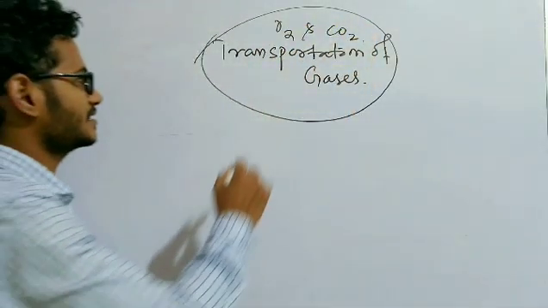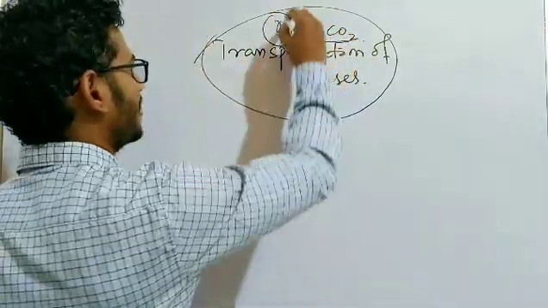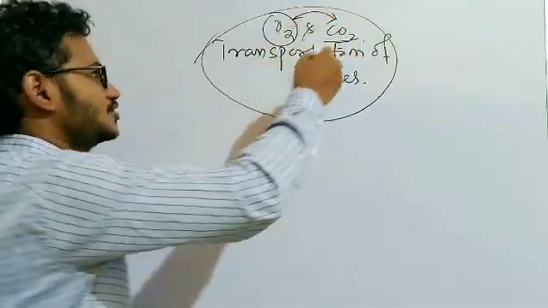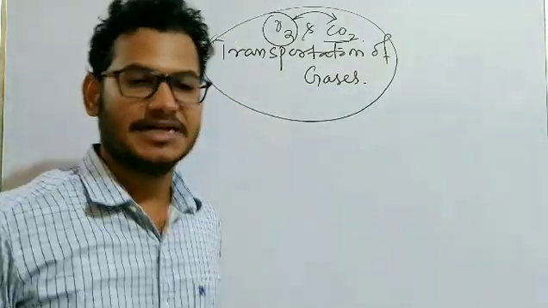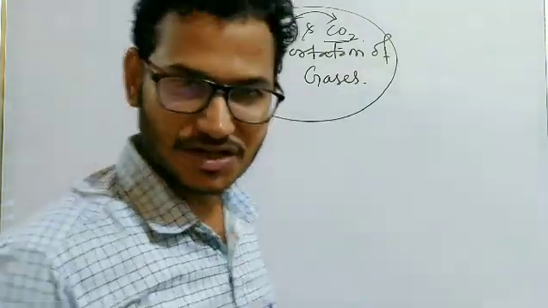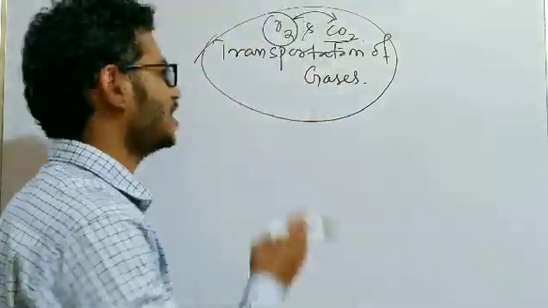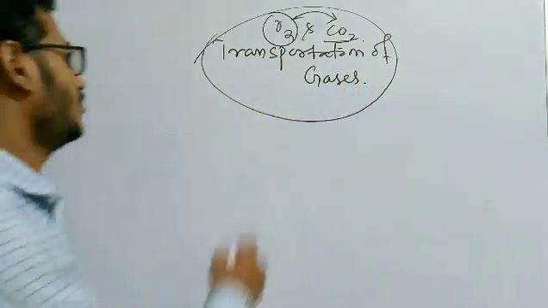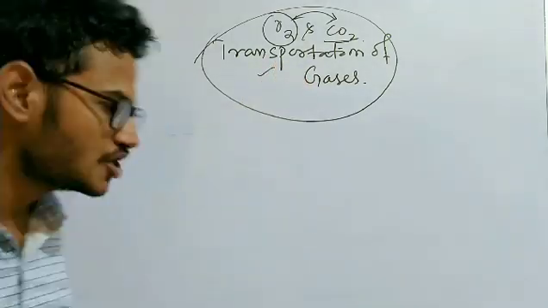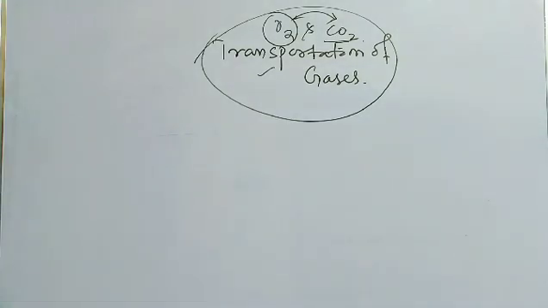Okay, so we have discussed about oxygen and we will discuss today about carbon dioxide and relate these two, how the exchange of gases takes place and then the oxygen is transported from the lungs to the body cells, and from the body cells the carbon dioxide comes with the blood to the lungs, and exchange of gases along with the transportation of gases occurs coordinately in our body. Okay, so let's discuss about the transportation of oxygen.